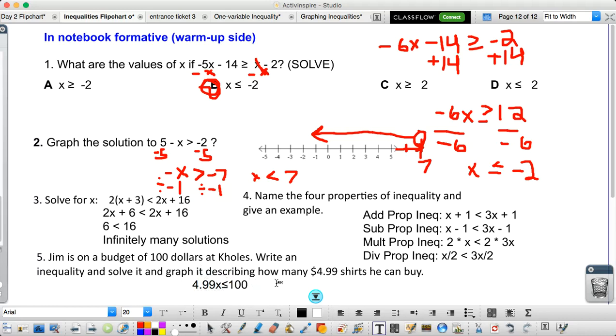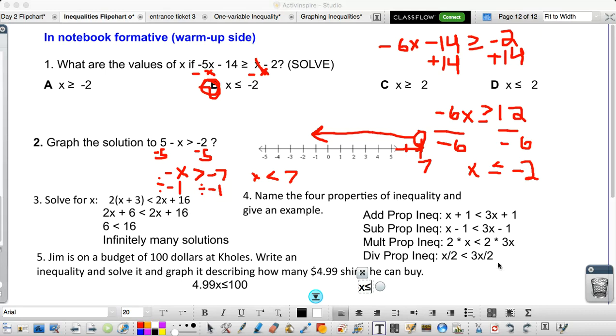100 divided by $4.99, and you get x is less than or equal to, let's see, 100 divided by 4.99.